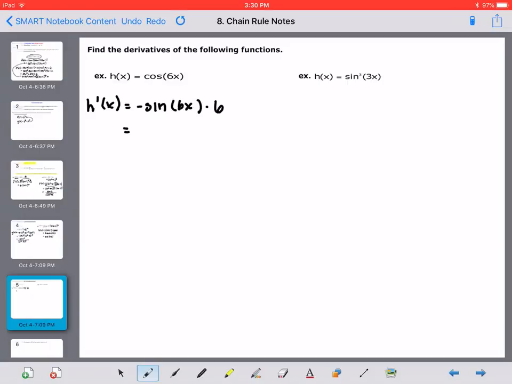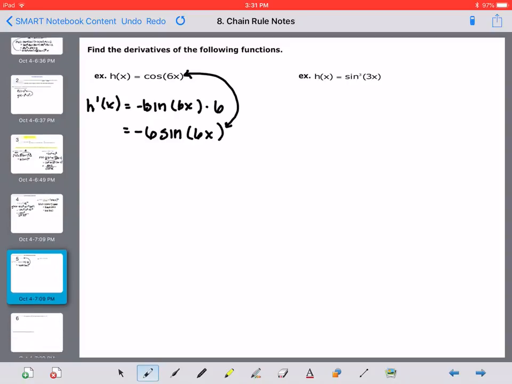Front to back, remember that negative is not attached to sine, that negative is attached to the 1 in front of sine. So -1 times a positive 6 gives us a -6 sine 6x. Even in this process, what comes behind the trig stayed behind the trig. That didn't change. Okay, that next example I want to do in class because it's a little bit more complicated, because it has more layers than the ones that we've done. Please remind me that we need to cover that one in class though.